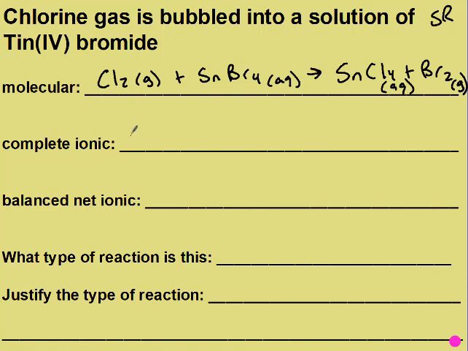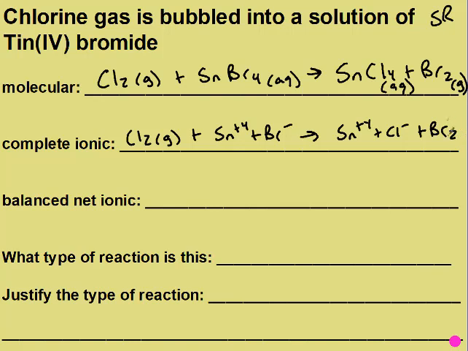So for your complete ionic, you should have had chlorine, and then removing your spectator ions, just Sn as a spectator.